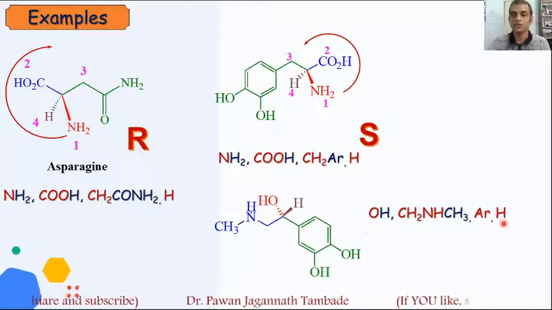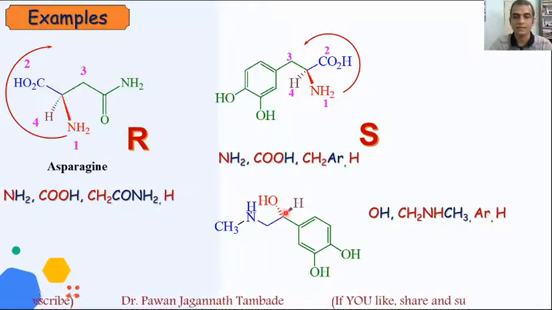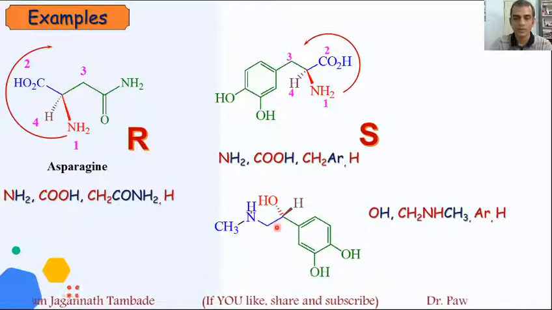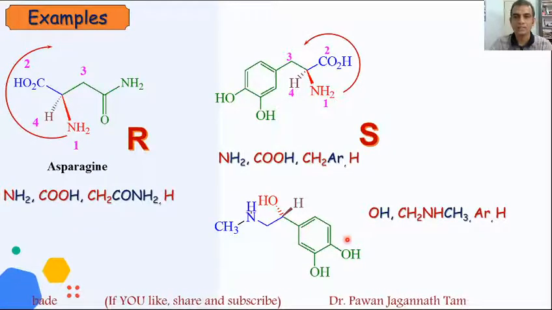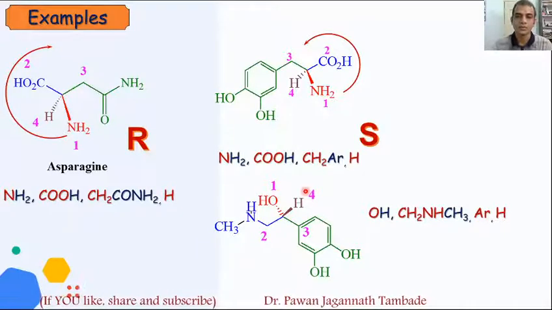So these are the 4 different atoms or groups attached to this chiral center. Now we need to assign priority. In this case, first priority goes to OH, second priority goes to this CH2NHCH3, third priority goes to aromatic system, and the fourth priority goes to hydrogen. These are the priorities to atoms or groups.